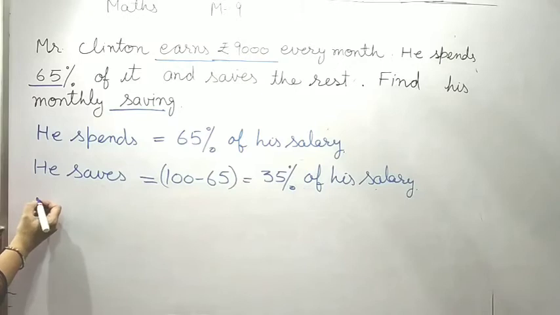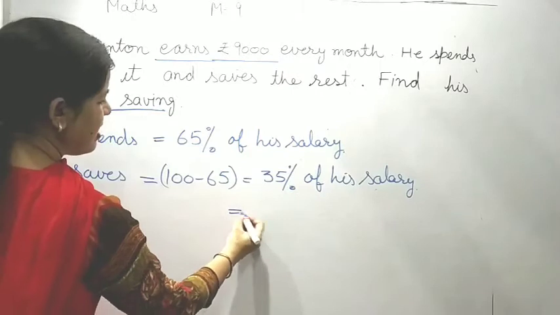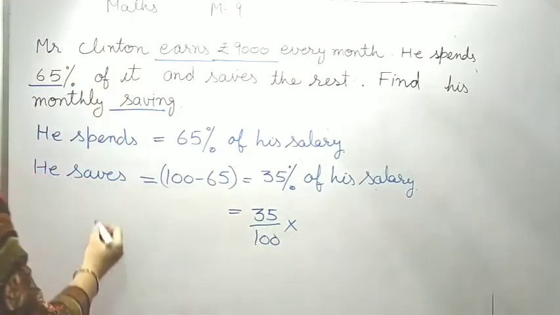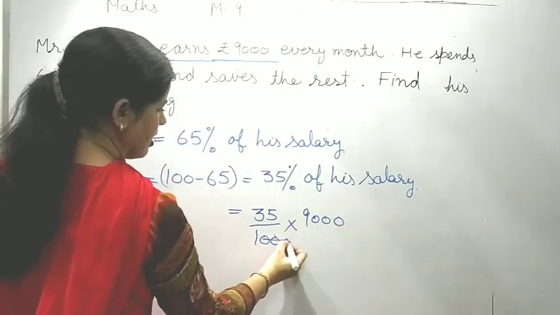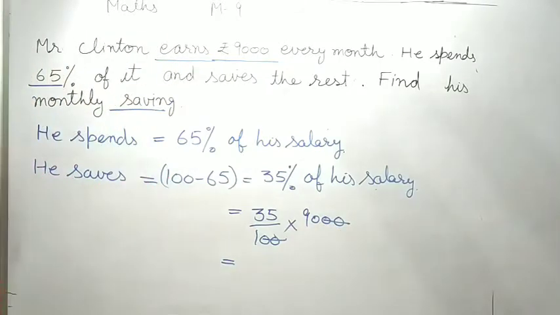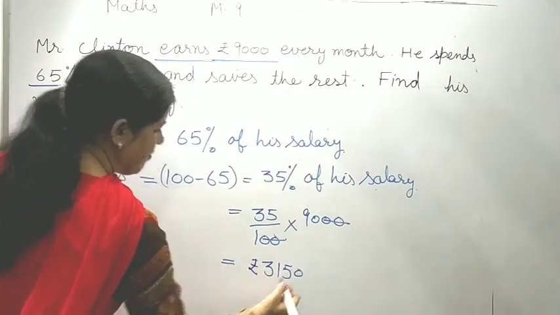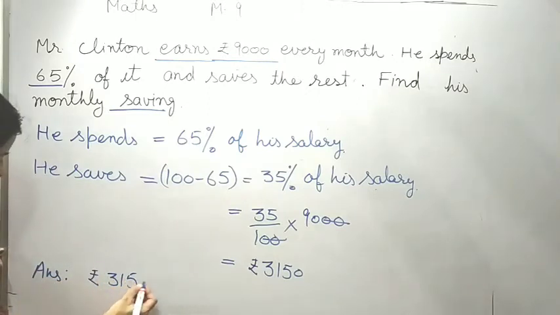Remove the percentage symbol from here and put 100 in its denominator, and salary is rupees 9,000. Cut two zeros from here and it is equivalent to rupees 3,150. Okay everyone, so the answer is rupees 3,150. Right everyone?